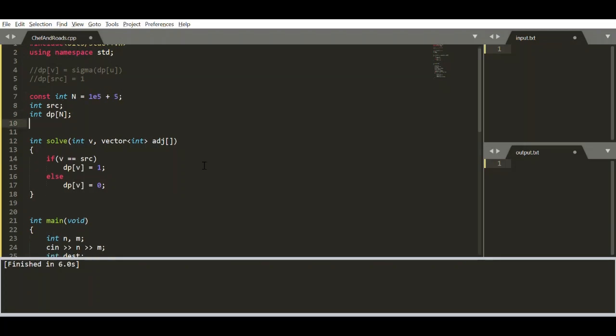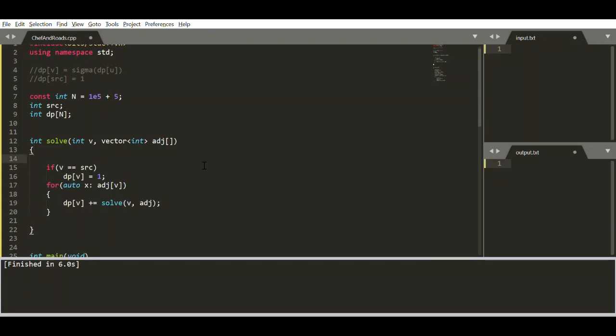Okay, actually this is unnecessary as global variables are automatically initialized to 0. Okay, so now for x in adjacency of v, dp of v plus equal to solve of v comma adjacency.